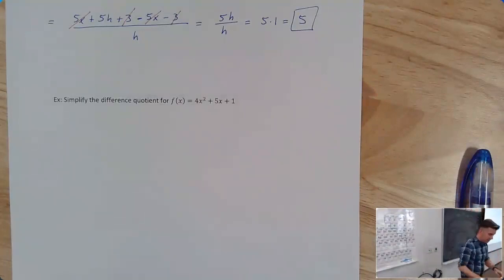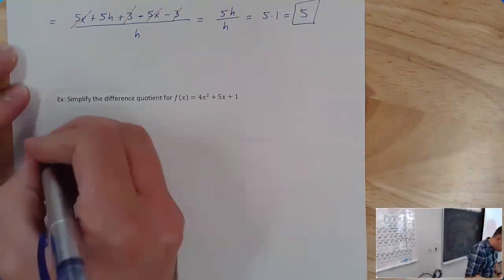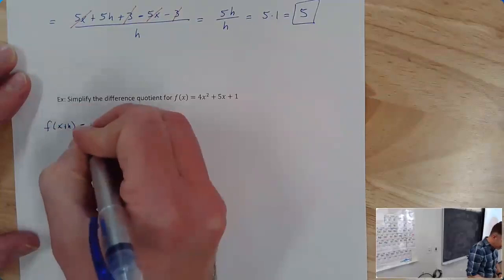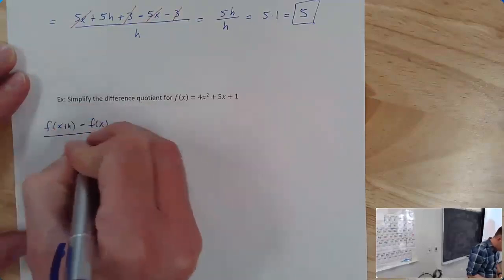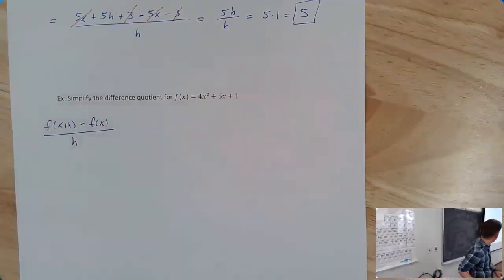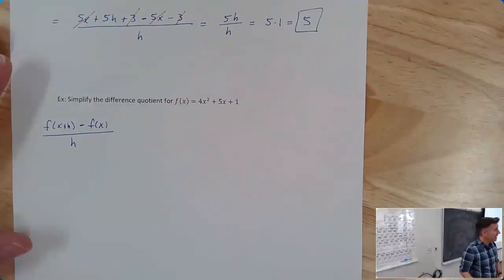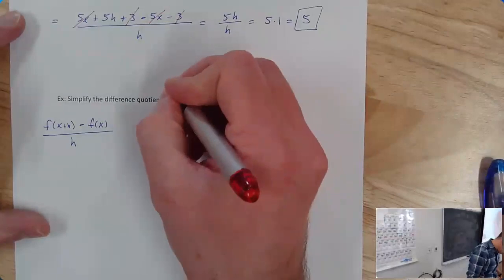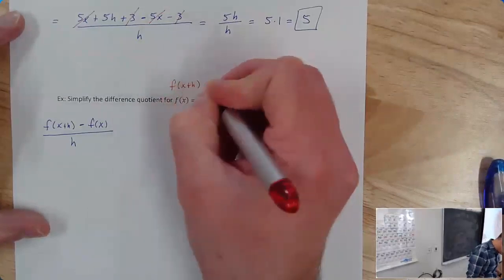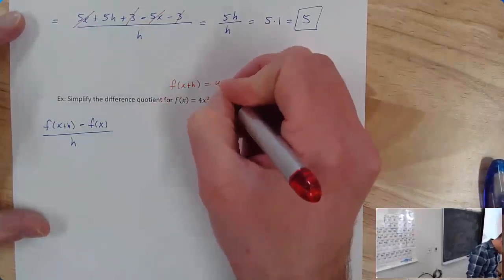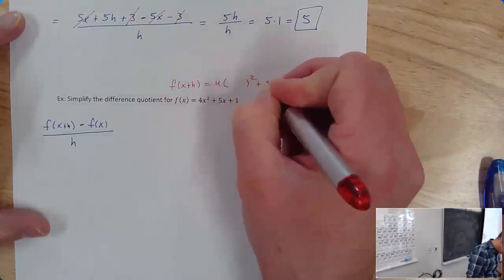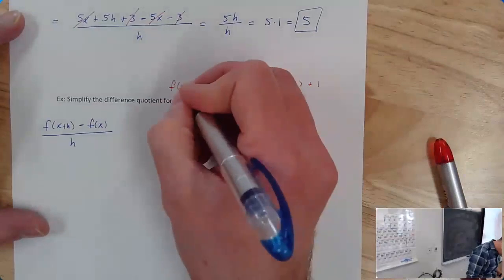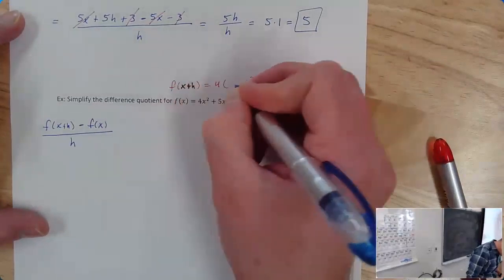That's expected. So we're going to write out the whole thing. I encourage you all, at least at first, to keep writing out f of x plus h minus f of x all over h before you do anything else. You might even, if you prefer, over here, write out what f of x plus h is. So f of x plus h is 4 times parentheses squared, plus 5 times parentheses, plus 1, where the x plus h is going in the parentheses.